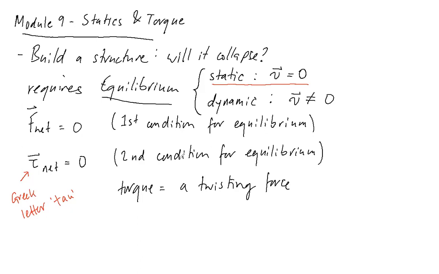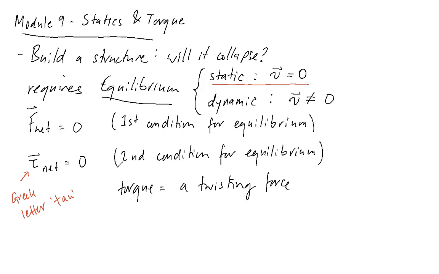You have to twist the faucet to open it. So that's a torque. It is a twisting force. The second condition of equilibrium is that there is no net effect causing the object to twist. There is no net torque. If both of these are true and the velocity is 0, then you have static equilibrium.